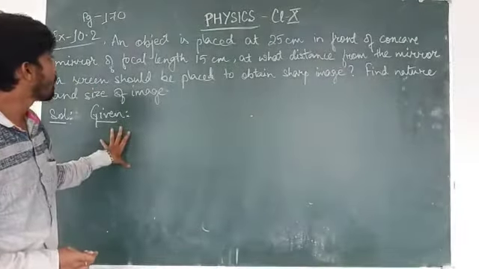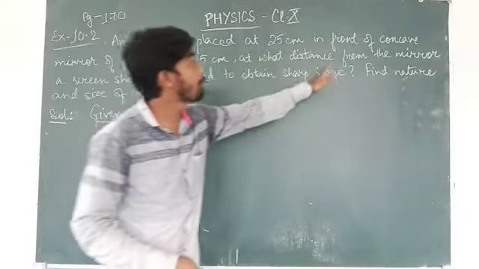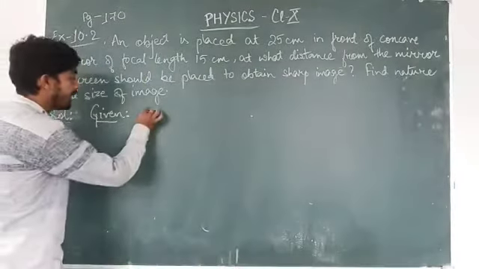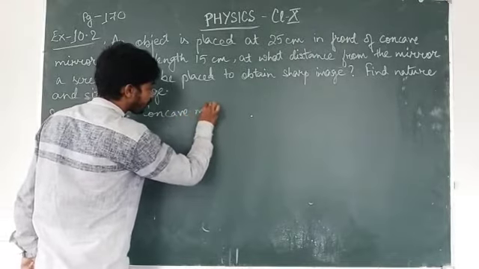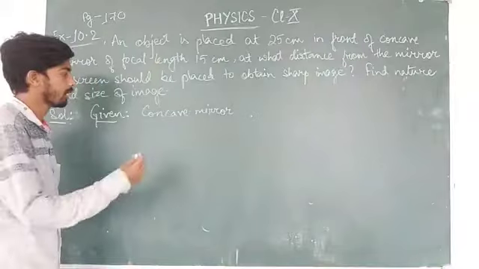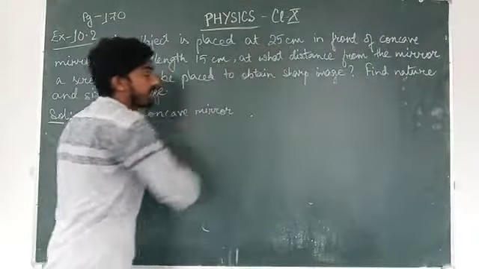First of all, given: an object is placed at 25 cm in front of a concave mirror. So the first information we have is that it is a concave mirror. Then it is placed at 25 cm.